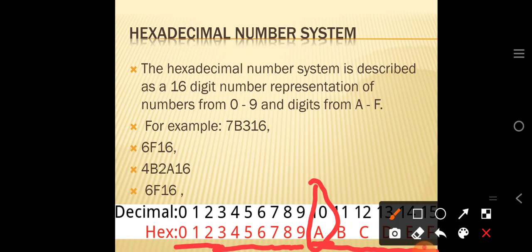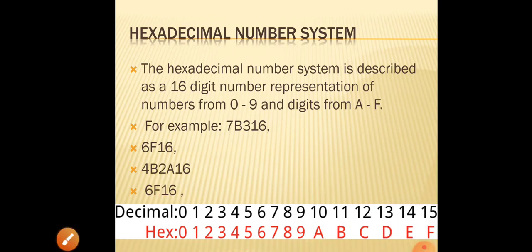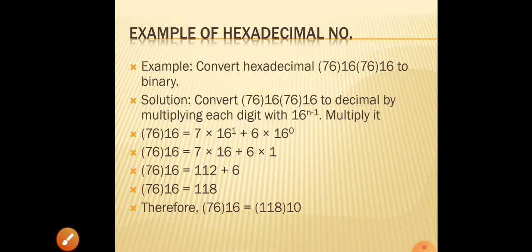Third example is 4B2A base 16. So this is the hexadecimal number system. Here in the last example, 6F base 16, we cannot consider the subscript as 16. It is not sixteen; it is decimal number 1 and decimal number 6. Clear?